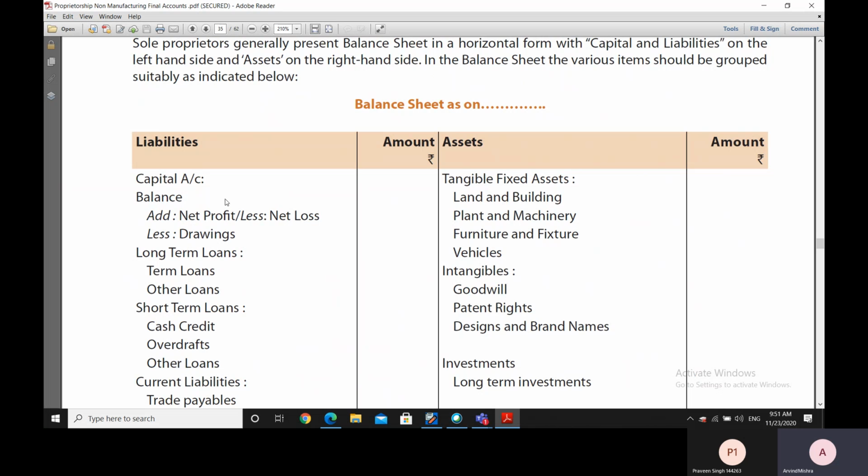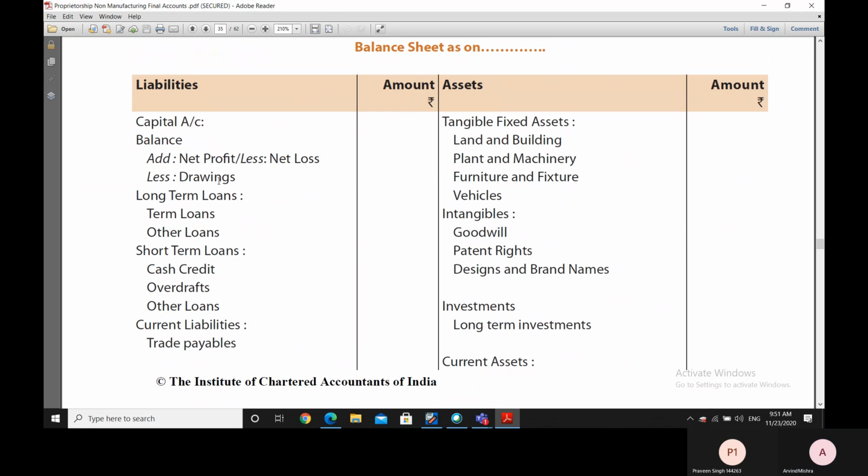And among liabilities, we start with the capital, and in the capital we add net profit and reduce the drawings from it, and then of course long-term loans. The loans are of two different types: term loans and other loans.